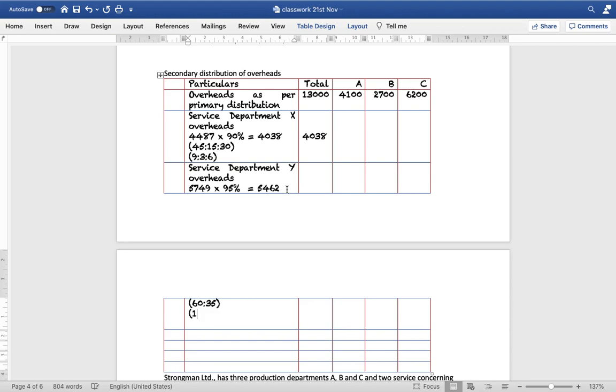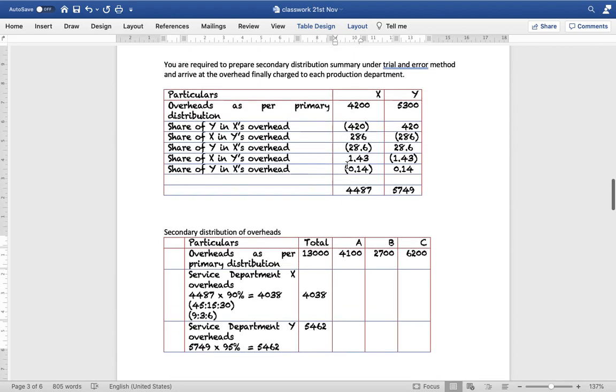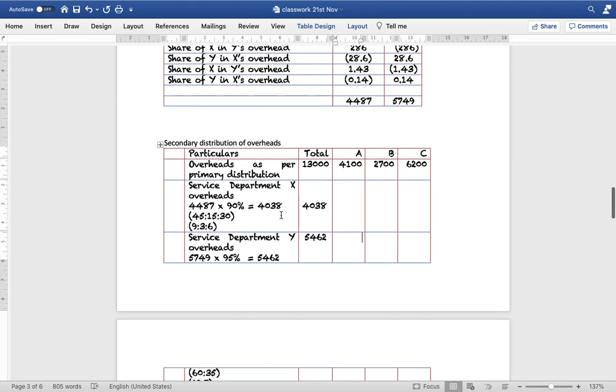That is 12 is to 7. It's only for department A and B. It is not for C.